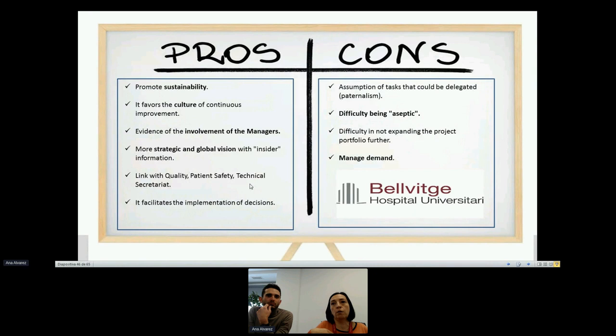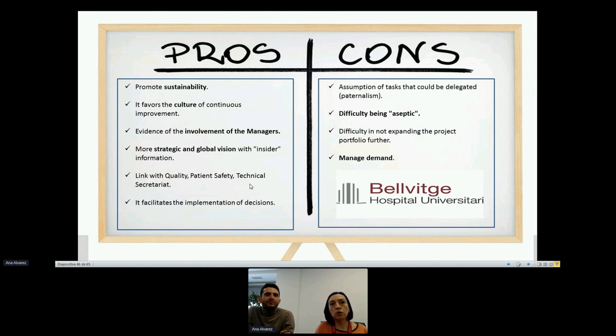So it's really easy communication between the bottom and the top, and we have a more strategic and global vision, because part of the team is inside the management board. So we are linked with quality, patient safety, and technical secretariat, because it's part of my attributions as a manager. And the fact is that it's easier to implement decisions, because we don't have to go through 3 committees to approve one decision. It's easier than that.